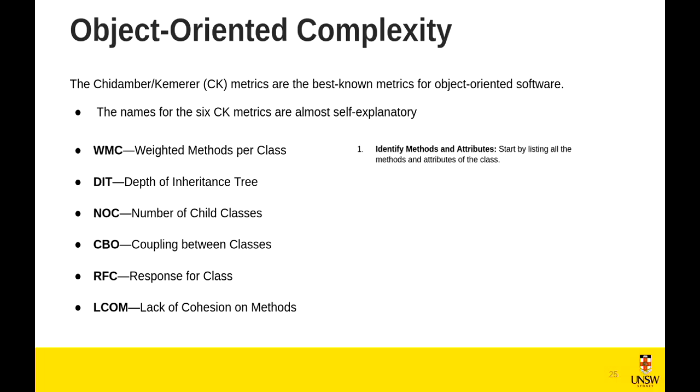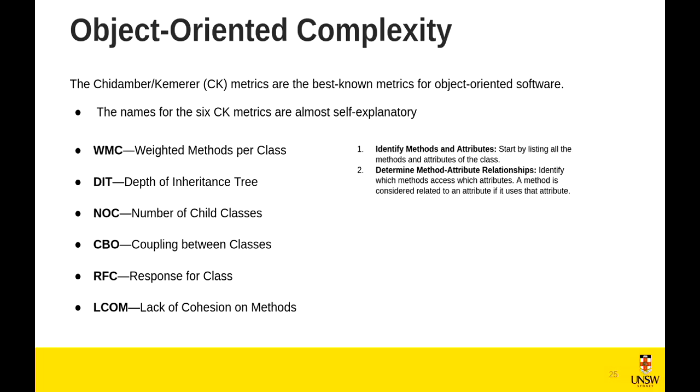The first step is to identify the methods and attributes of the class. So we should list all the attributes and methods of a particular class. And then we determine the relationships between these methods and attributes.